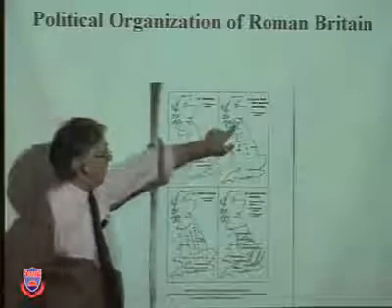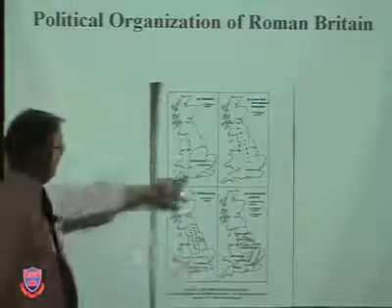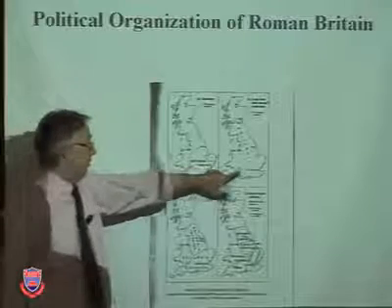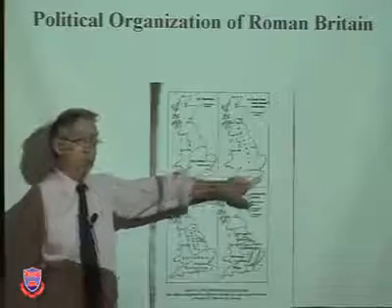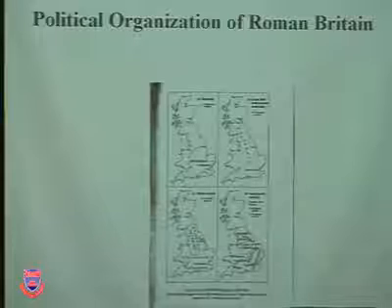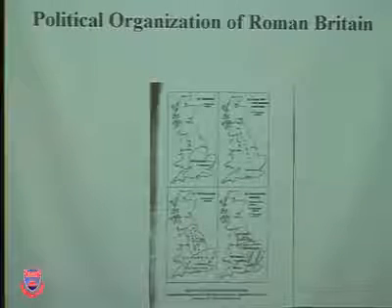Move this way briefly, then we move back there. And as you can see, at the beginning, the Romans were based at Colchester, but shortly thereafter they shifted to London. London becomes the provincial capital, the capital of the province of Britannia.